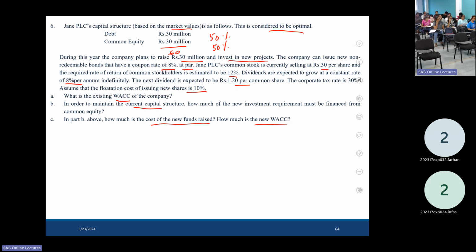Then there is a bond issued 5 years ago, coupon rate is 8%. Can you take this 8% as the cost of debt? Because that bond was issued 5 years ago. That is past. It is some time back.